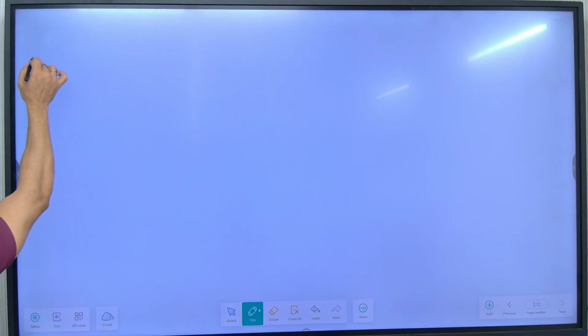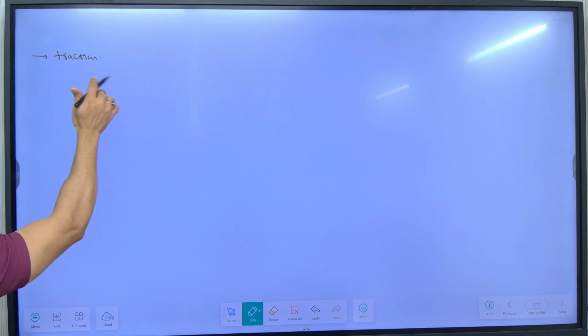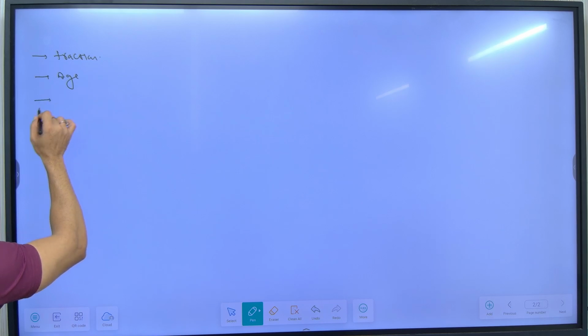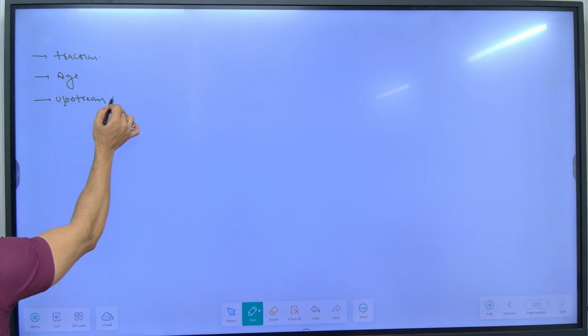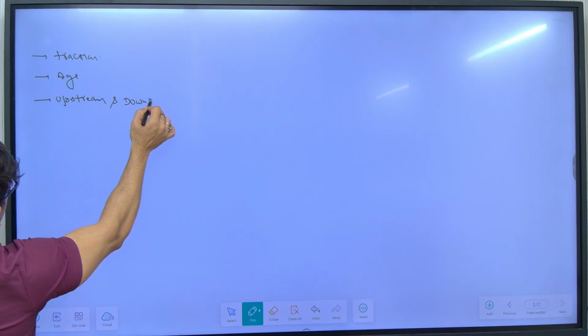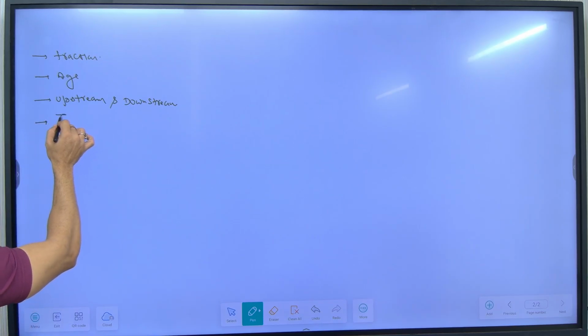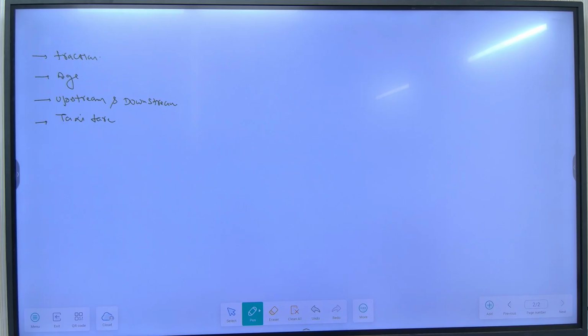Word problems where questions on fractions are involved, age related problems, upstream and downstream problems, and problems based on taxi fare or hostel fees. Right. And there are many more. I'm just giving the names of some.